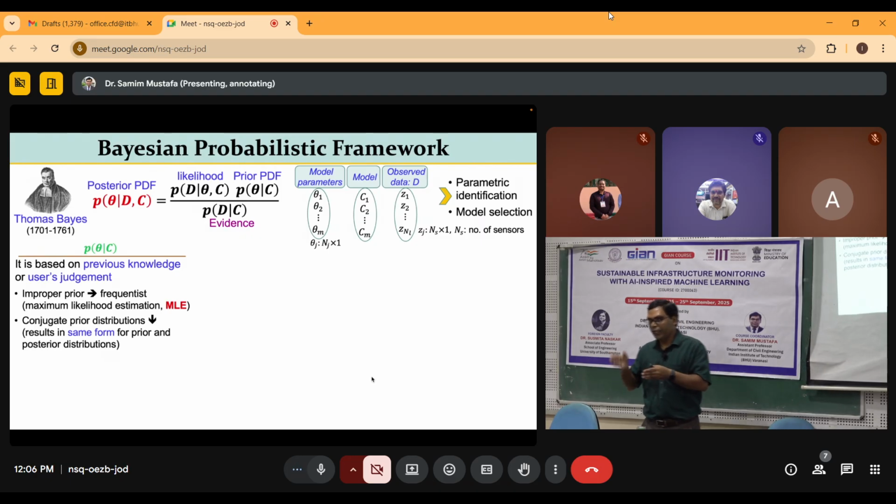If you use that information, your updated information will be more accurate, right? If you don't use that information, then probably your initial guess based on the measurement will deviate slightly from the actual thing. So prior information is very important.